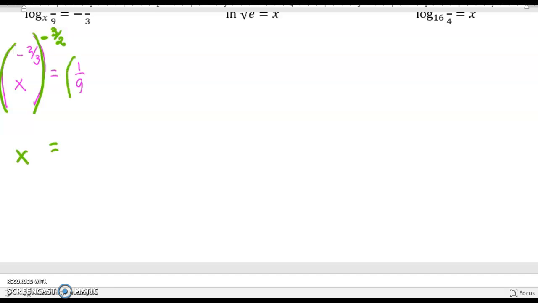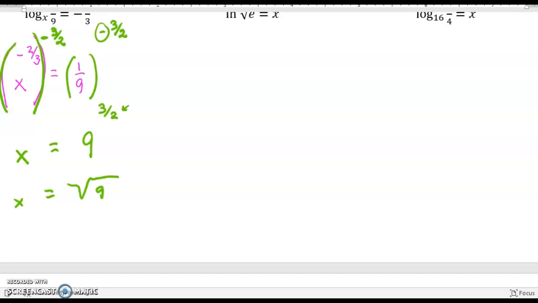Of course, what I do to one side, I've got to do to the opposite side. So I'll raise the right side to the -3/2 power. The negative is just going to flip 1/9 over and make it 9 to the 3/2 power. The bottom number is the root, and the top number is the exponent.